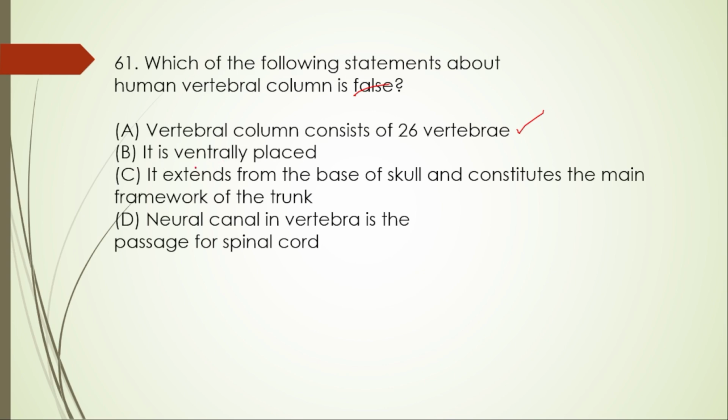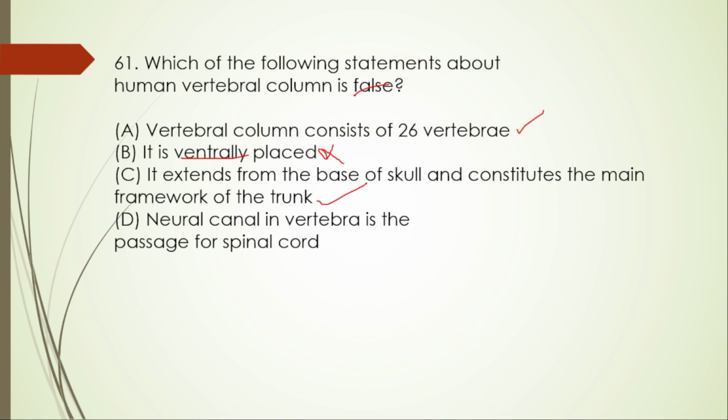B, it is ventrally placed. This one is false because it is not ventrally placed, it is dorsally placed, that is along the back of the body. Next one, C, it extends from the base of skull and constitutes the main framework of the trunk. Yes, of course, this one is right.